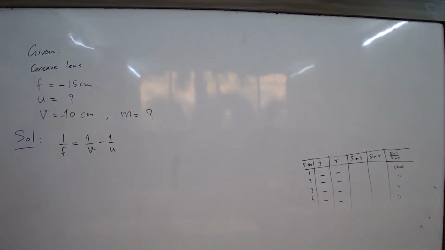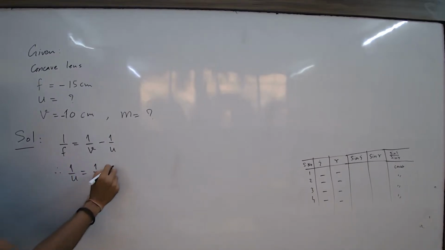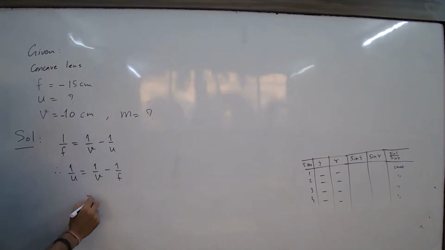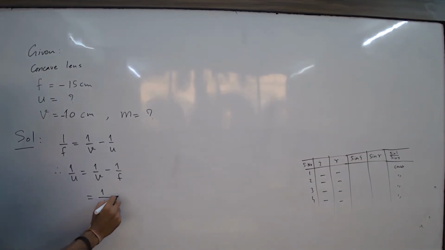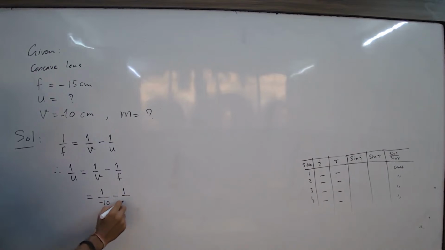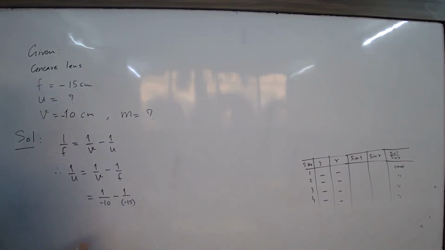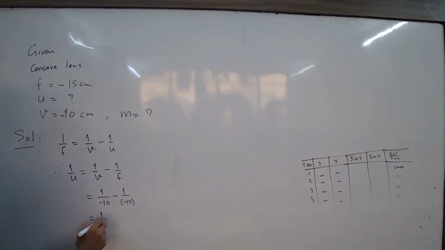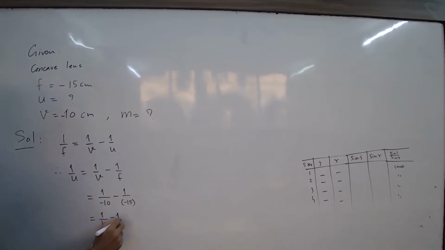Okay. So this is the lens formula. So what is u then? Therefore 1 by u is equal to 1 by v minus 1 by f. So this is minus 1 by 10 minus, minus 1 by 15. So it is minus 1 by 10 plus 1 by 15.